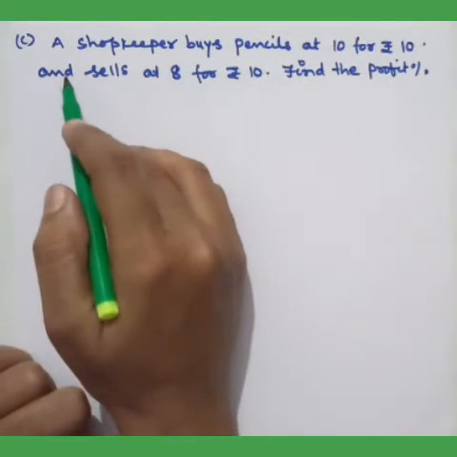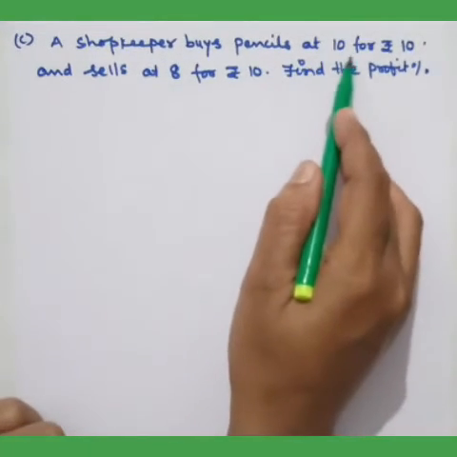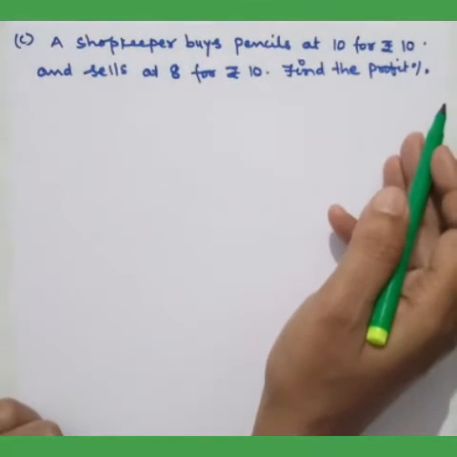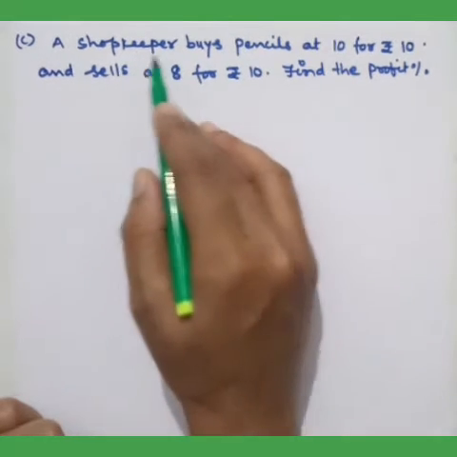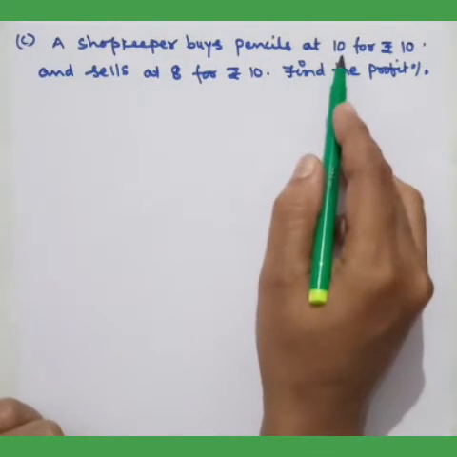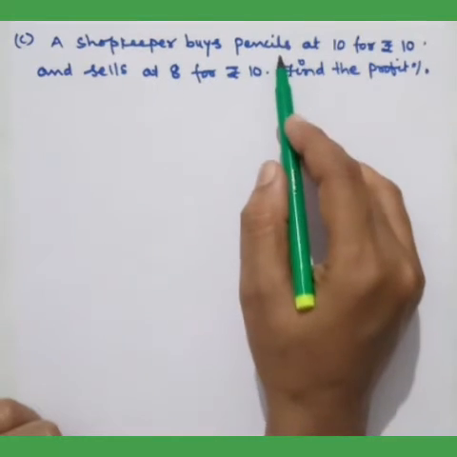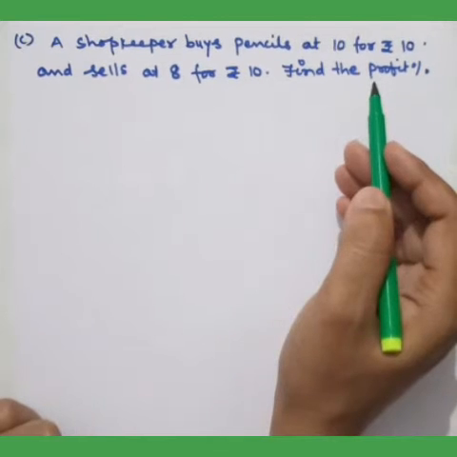Let us see the third question, C question. A shopkeeper buys pencils at 10 for rupees 10 and sells at 8 for rupees 10. Find the profit percent. Now see here, the shopkeeper buys 10 pencils for rupees 10. See the method of buying, and sells 8 pencils for rupees 10.